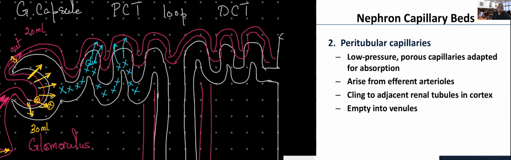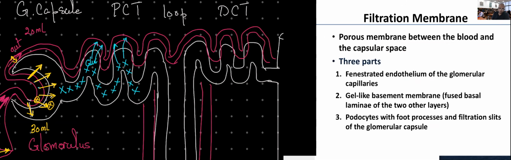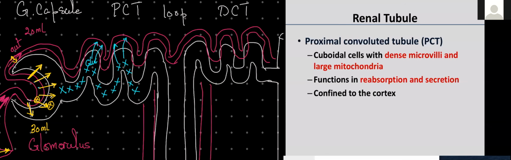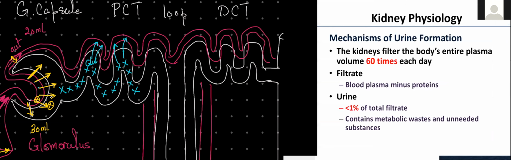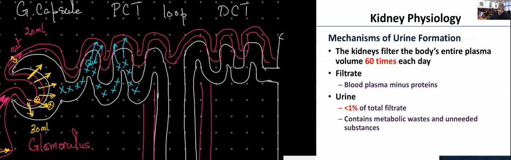To give you an impression about the difference between the urine and the filtrate, you're going to be filtering your plasma volume 60 times each day. So try to imagine, every droplet of your plasma is going to be filtered 60 times per day.